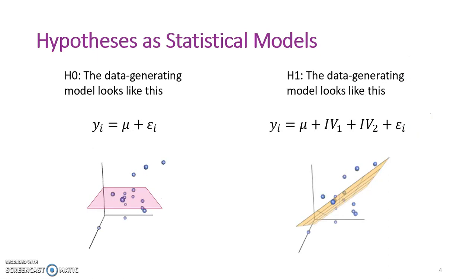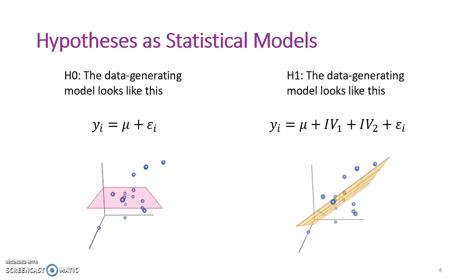So if we think about the hypotheses as statistical models, we again are just hypothesizing that there's essentially no effect of the predictors on the outcome, and therefore the scores on the outcome do not vary with the predictors in any systematic way.